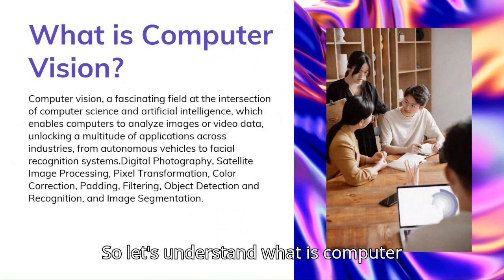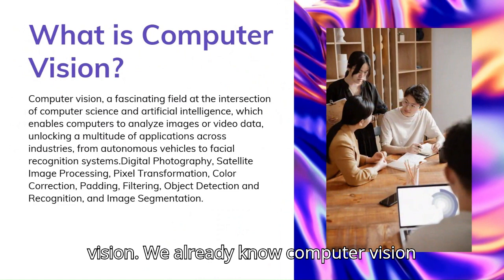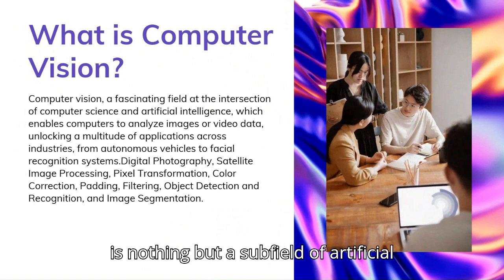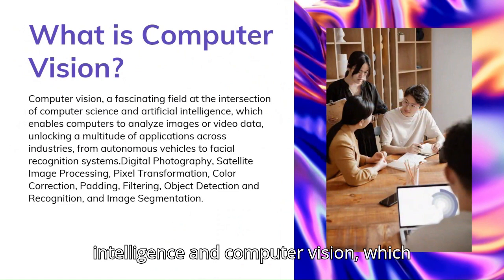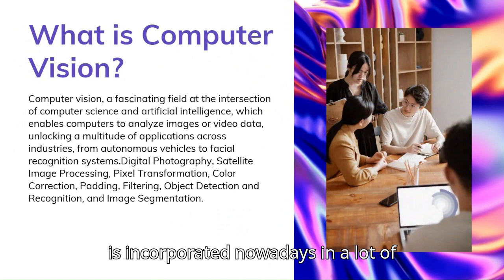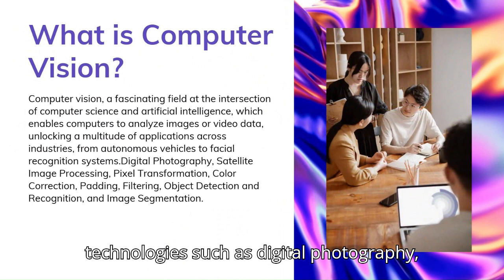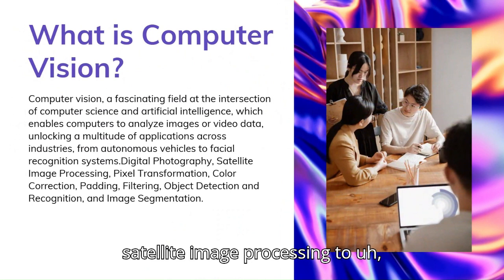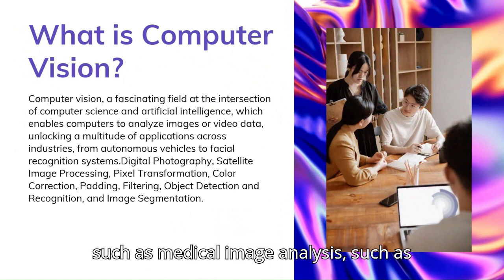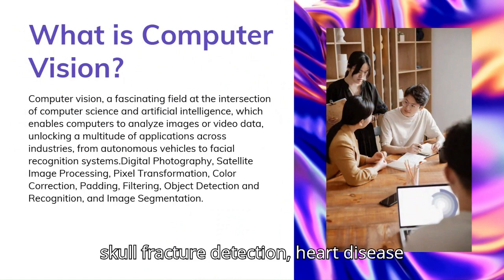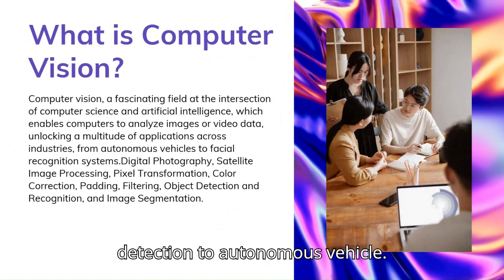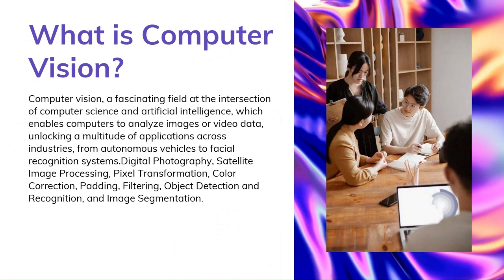So let's understand what is computer vision. We already know computer vision is nothing but a subfield of artificial intelligence, and computer vision is incorporated nowadays in a lot of technologies such as digital photography, satellite image processing, smart attendance systems, medical imaging such as medical image analysis, such as skull fracture detection, heart disease detection, to autonomous vehicles.